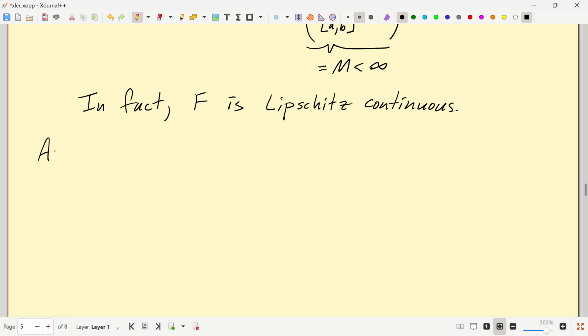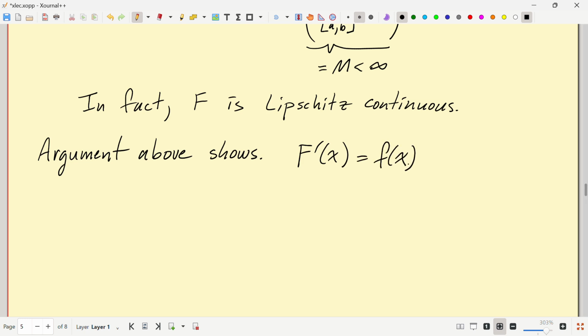So the argument above shows F prime of x equals little f of x at points x where f is continuous. Okay, so that's a fact.